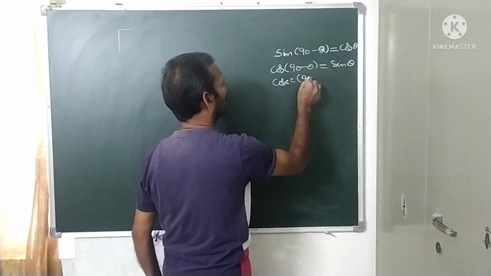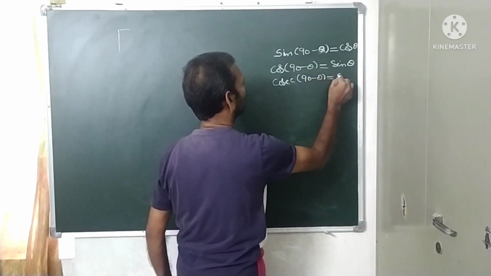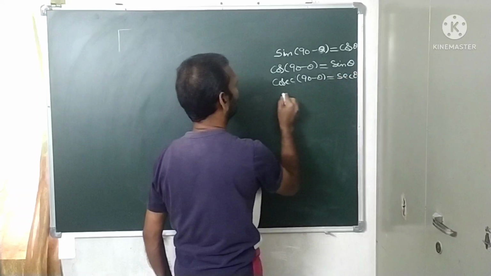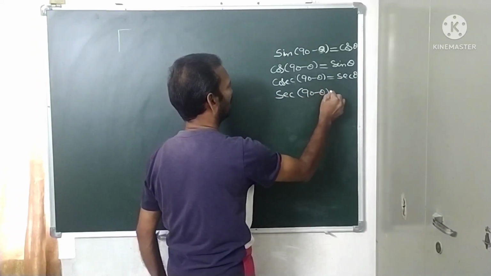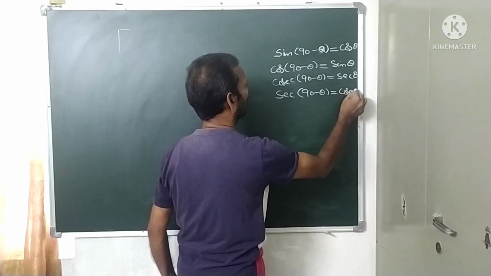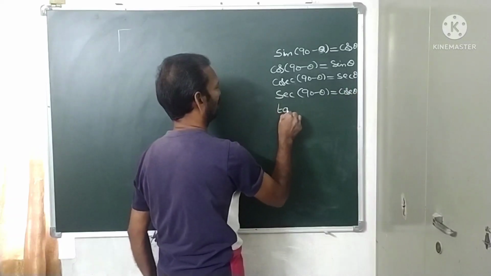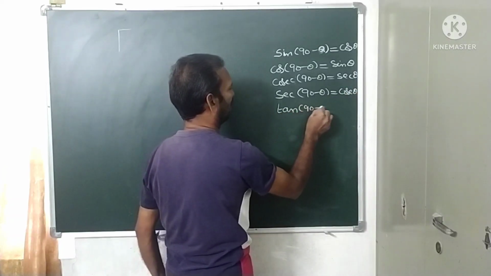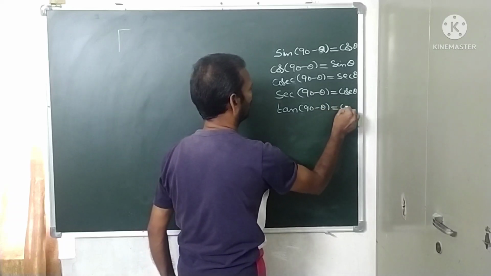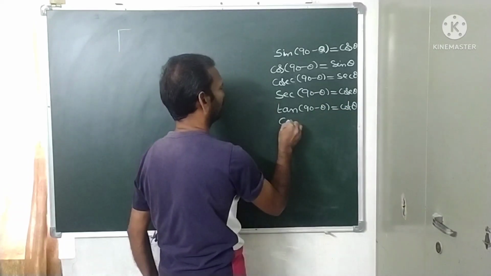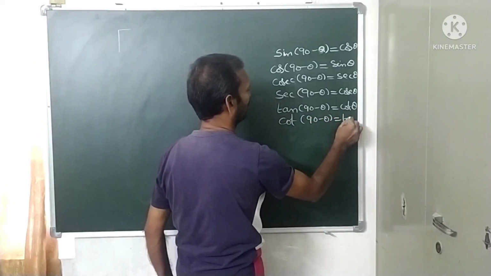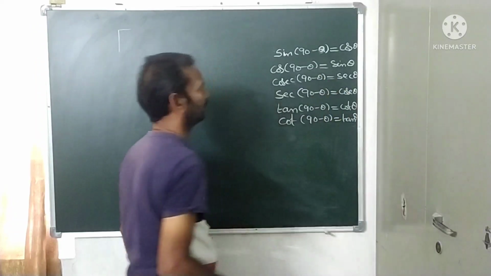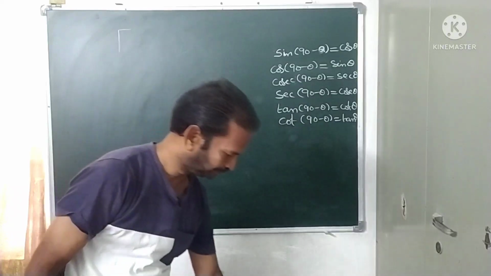Cosec of 90 minus theta is secant theta, secant of 90 minus theta is equal to cosec theta. Tan of 90 minus theta is equal to cot theta, cot of 90 minus theta is equal to tan theta.